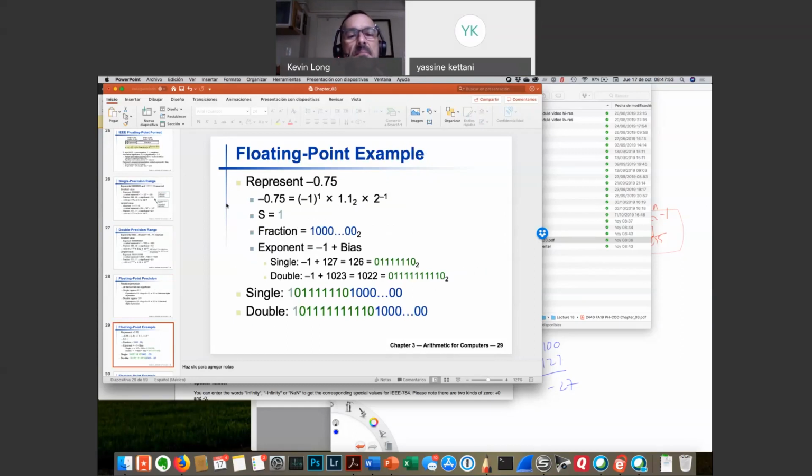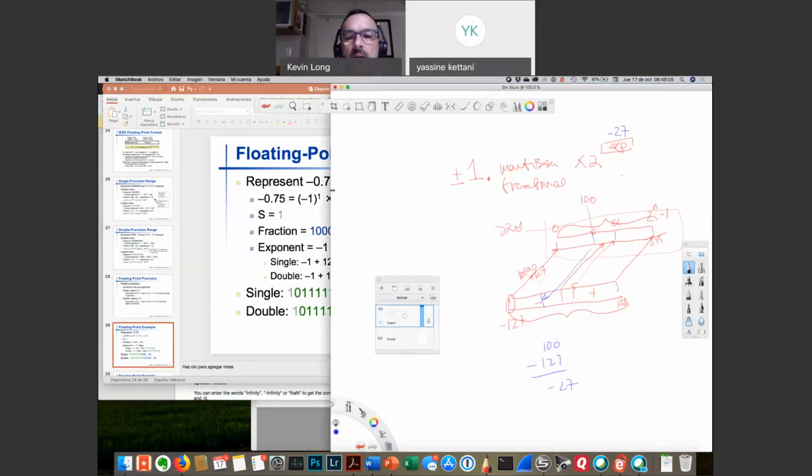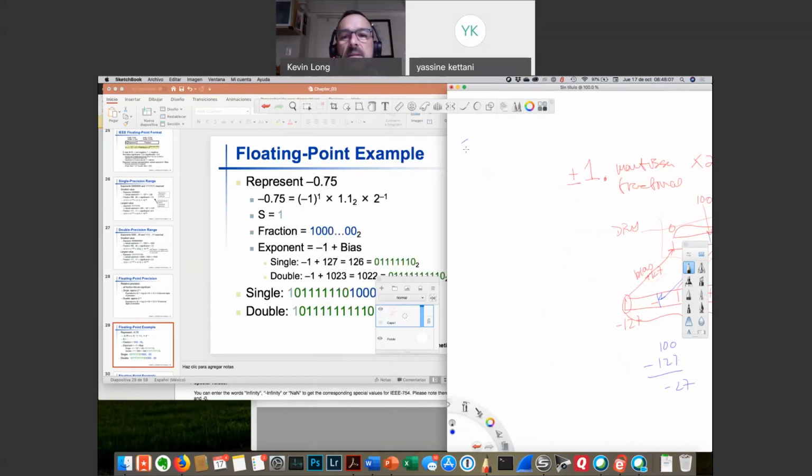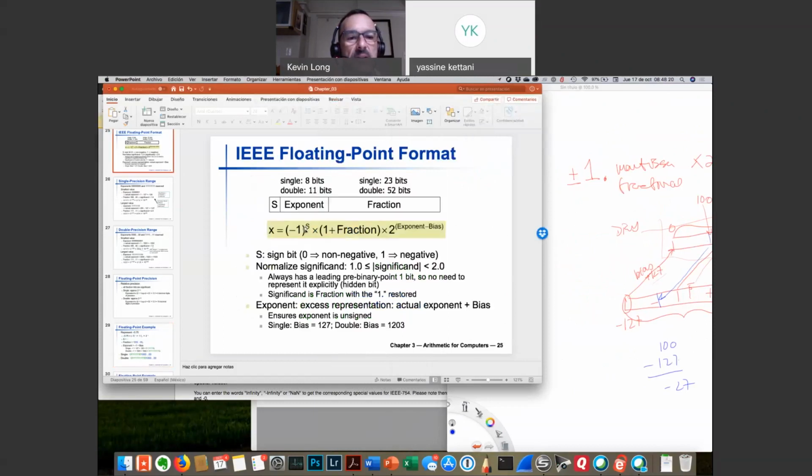So here's an example, minus 0.75. What is that? Well, first of all, we know the sign bit is going to be 1. So I'm going to follow along here on the side. Our rule was you take the sign bit, whatever it is, and let's go back up to our definition here.